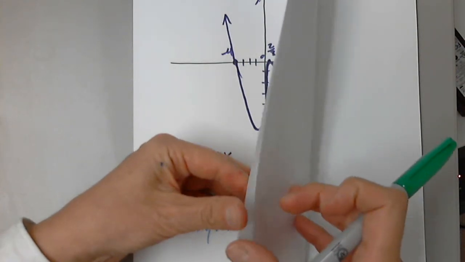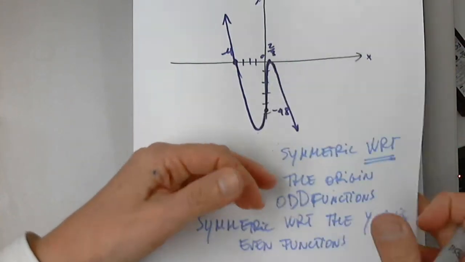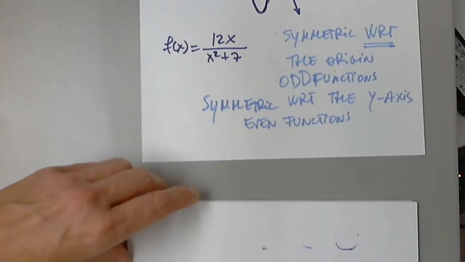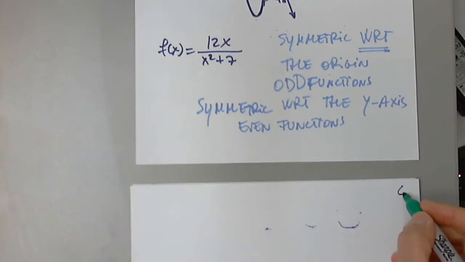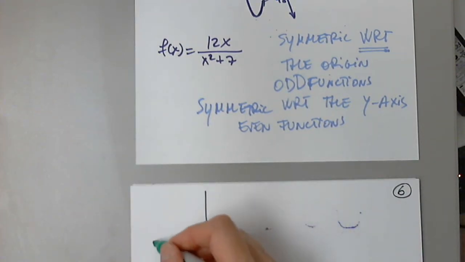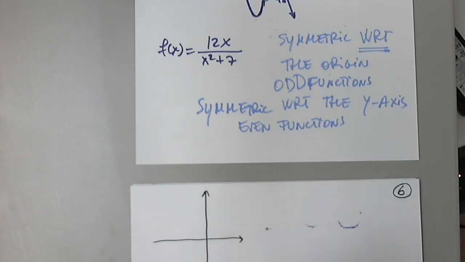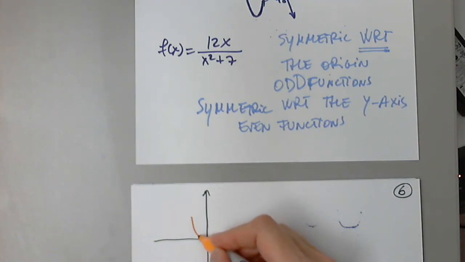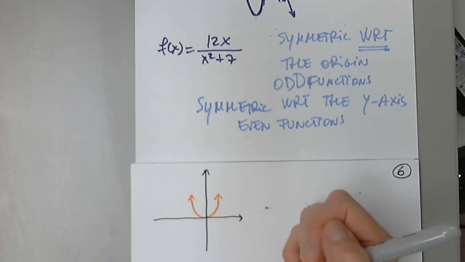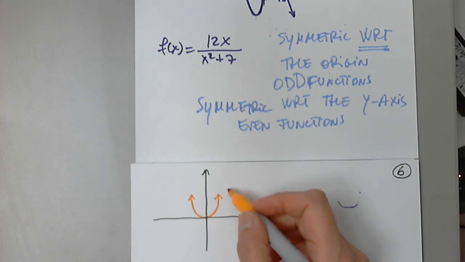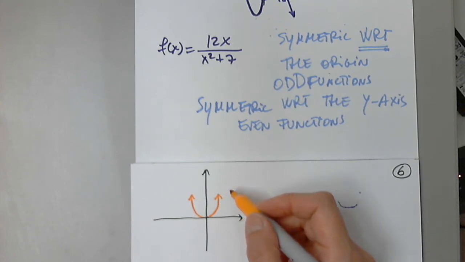So then, let's take a look at this. Can you tell me what graph I am representing here? Which graph is this?